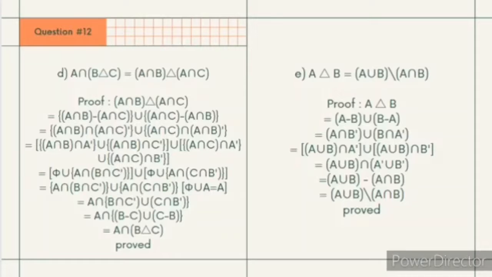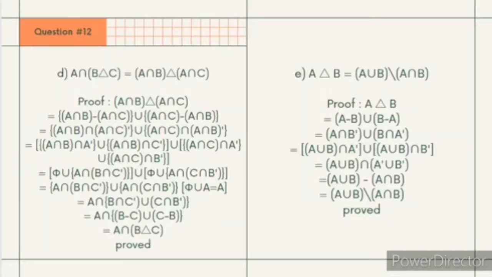Then (A intersect B intersect A complement) union (A intersect B intersect C complement) union (A intersect C intersect A complement) union (A intersect C intersect B complement) equal to pi union (A intersect B intersect C complement) union pi union (A intersect C intersect B complement).